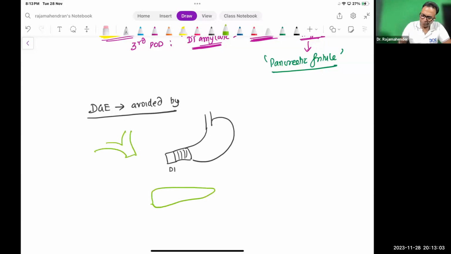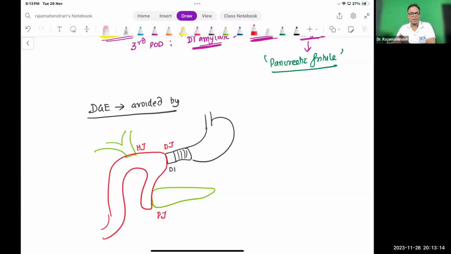Pancreas and body is same. Now I will bring the bowel and anastomose in such a way, PJ, here DJ, and here HJ. Instead of doing gastrectomy, I have preserved pylorus. This is known as pylorus preserving Whipple's, pylorus preserving pancreatico-duodenectomy.